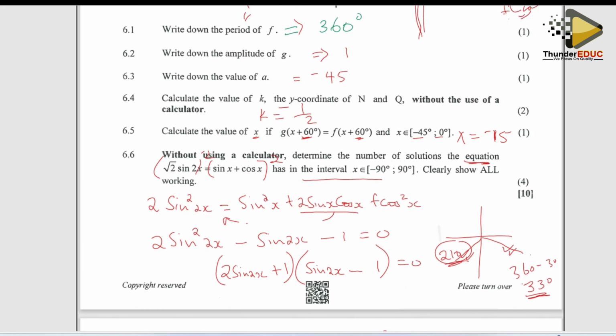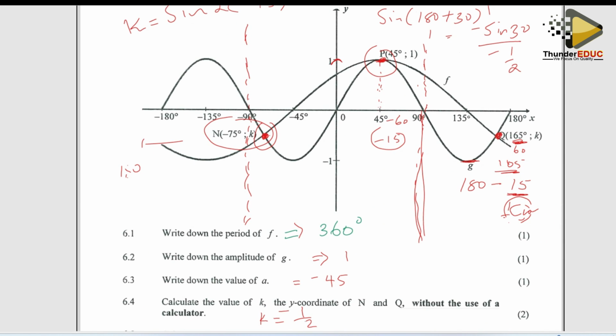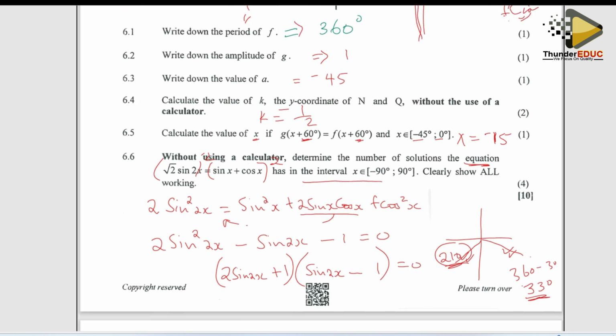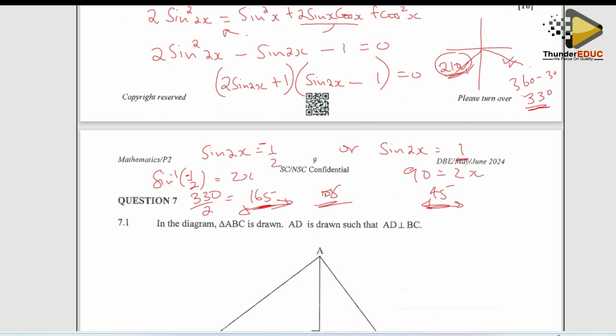Okay, but with the interval that we're given, we have this 45, then we got the negative 75. How are we getting the negative 75 from? Something's off here. What is 180 plus 60? It has to be 150 so that we get a 75.